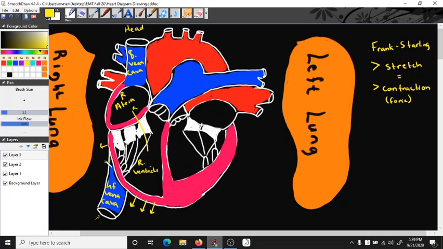So all this is going to stretch. Now, when that stretches, it's going to recoil. Now, this muscle contracts as well, right? So the right ventricle muscle is going to squish, it's going to contract. But this stretch is going to help it contract with greater force and greater efficiency.